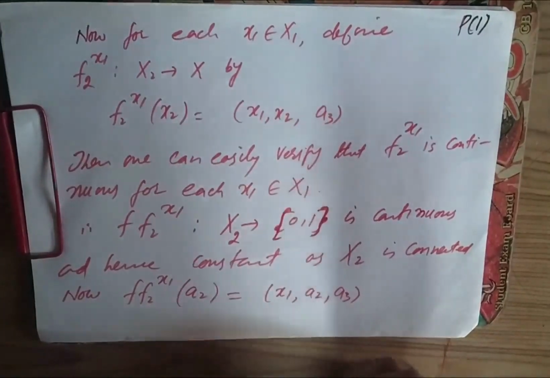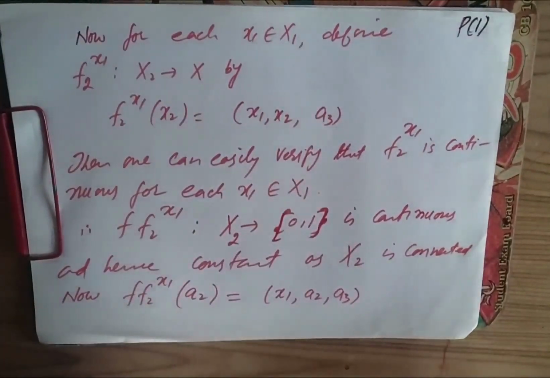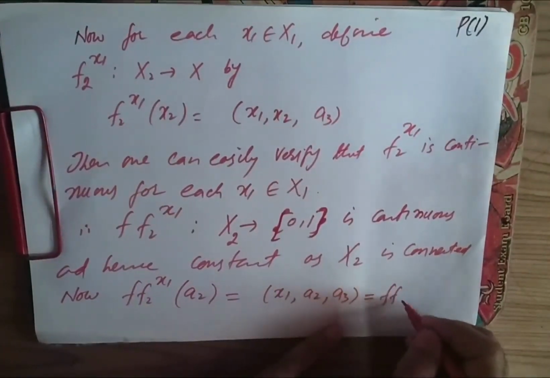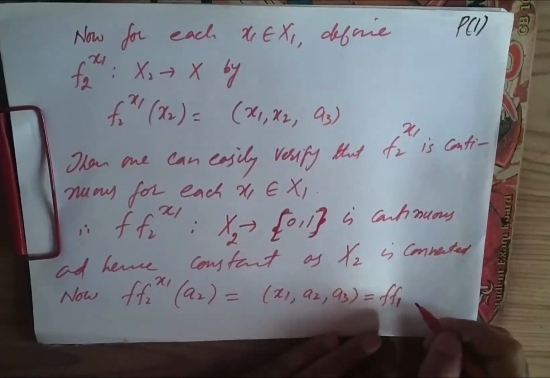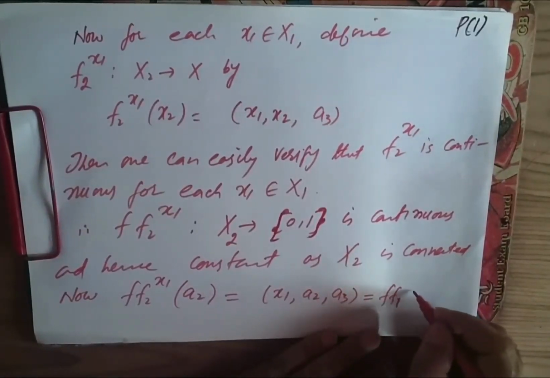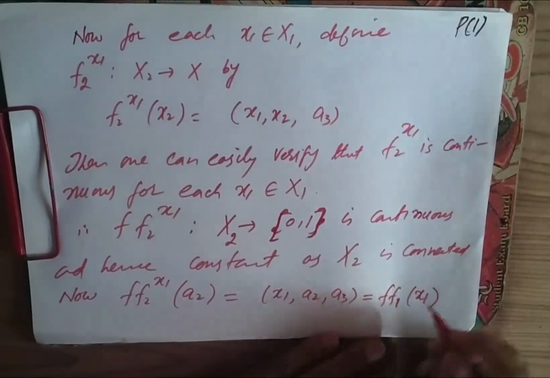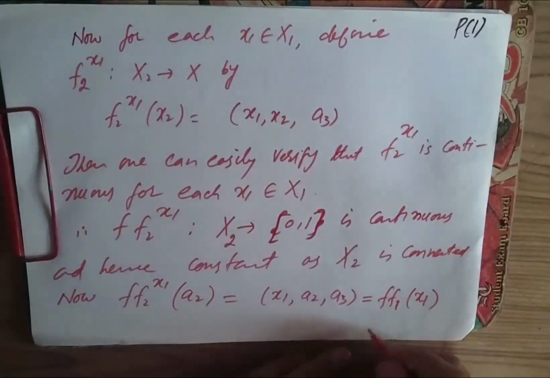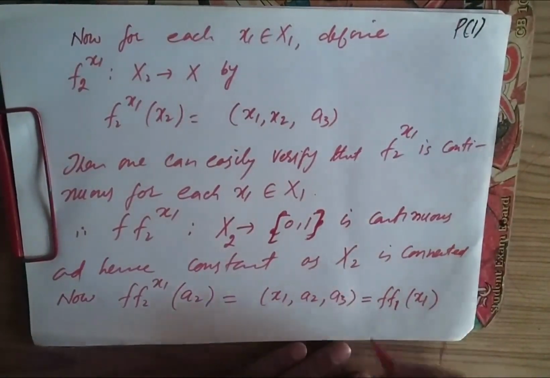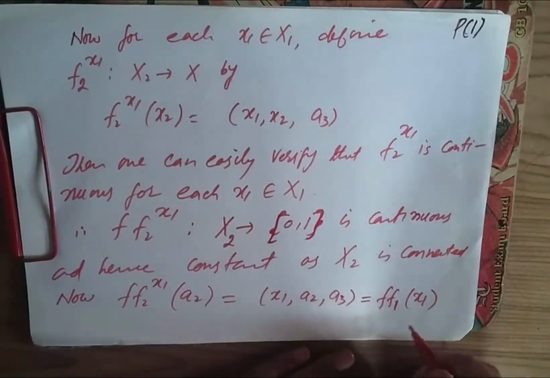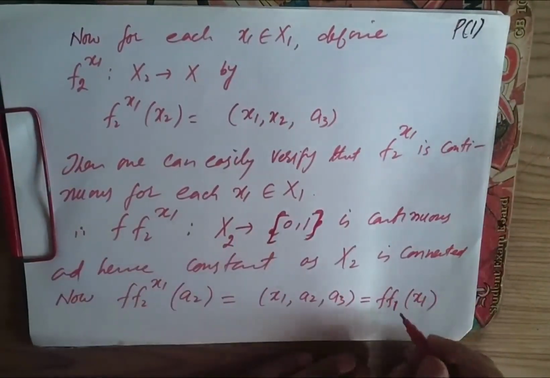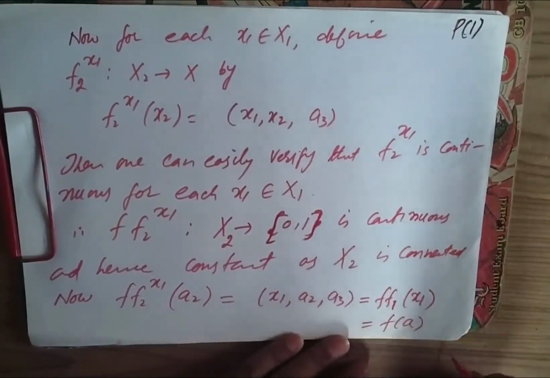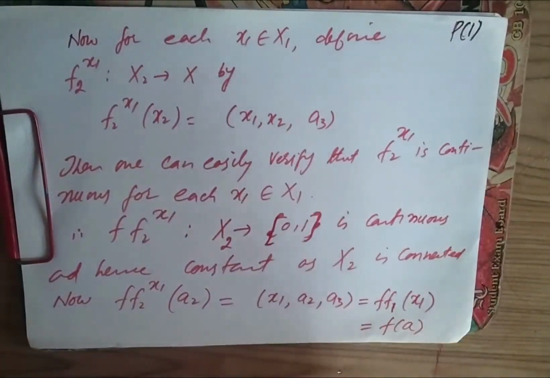Its value is f of (x1, a2, a3), and that is equal to f1 of x1, and we are seeing that this is constant. f1 of x1 is constant because f1 is a continuous map from X1 to the discrete space {0,1}. It's a constant map, and its value is f of a for each x1.